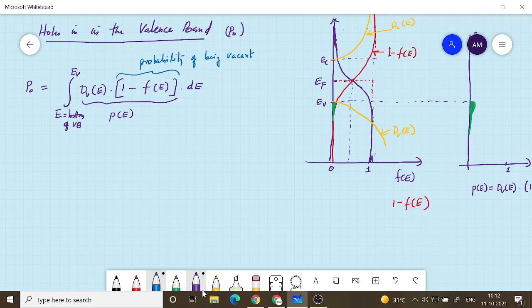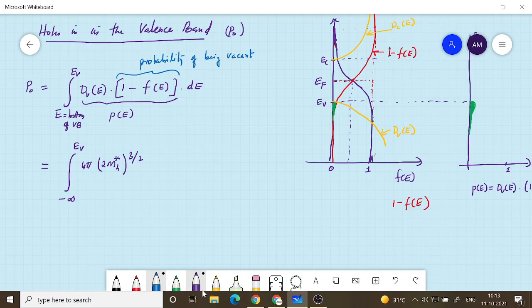Okay, so now let's continue this. Let's substitute. As before, it can be integrated from minus infinity to EV, and then 4 pi into 2m. For holes I am putting H here, m star H, or sometimes you can put P also, N for electron and P for holes.